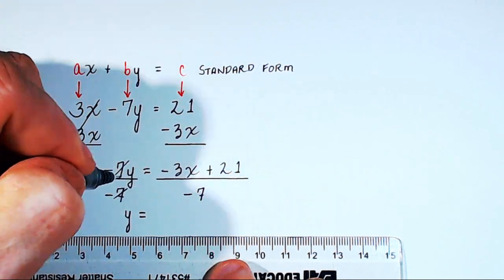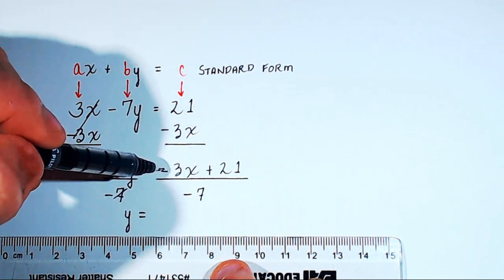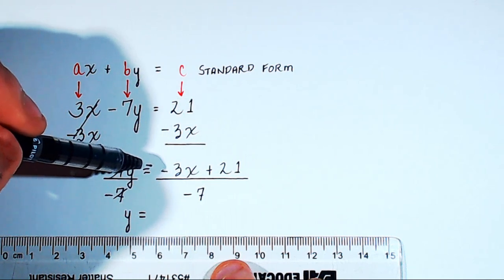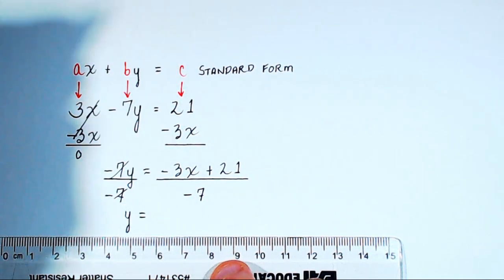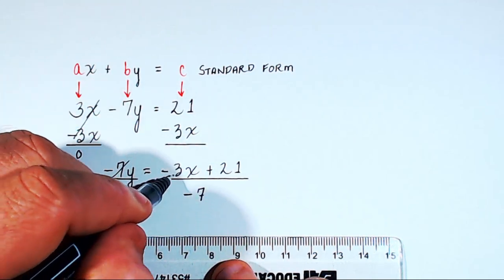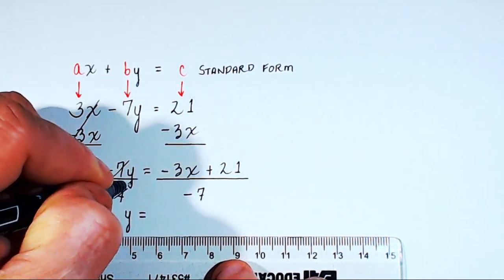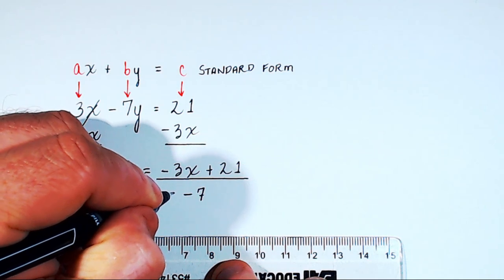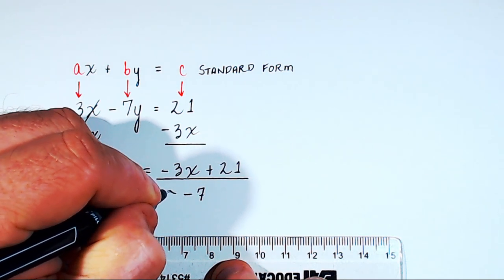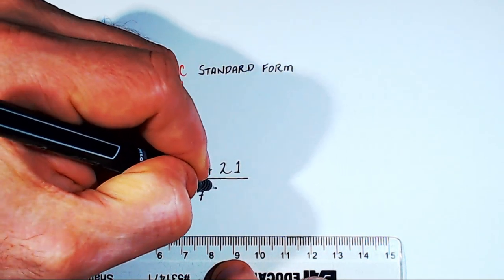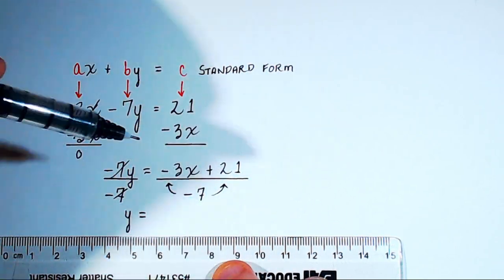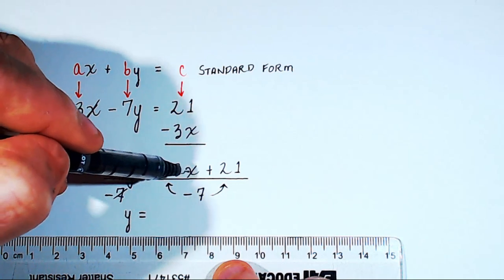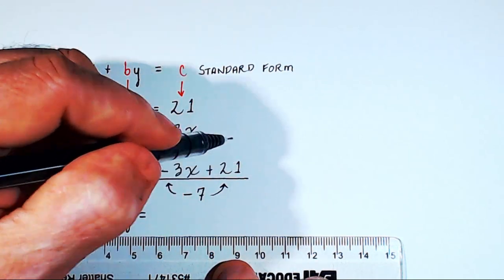Now we have a fraction on the right side: negative 3x plus 21 divided by negative 7. This notation can be rewritten in another way that allows us to complete the problem. The negative 7 can be apportioned so that it is beneath the negative 3x and beneath the 21.